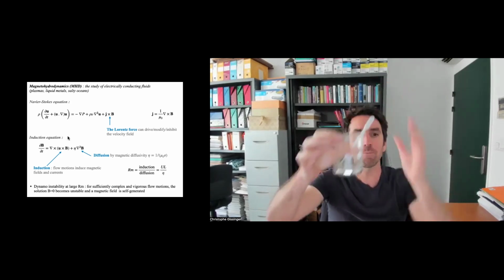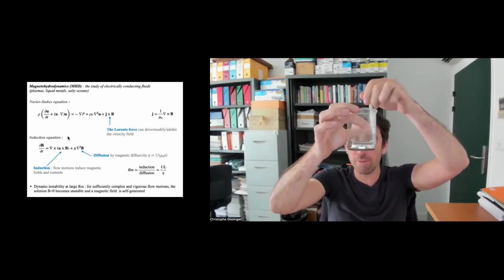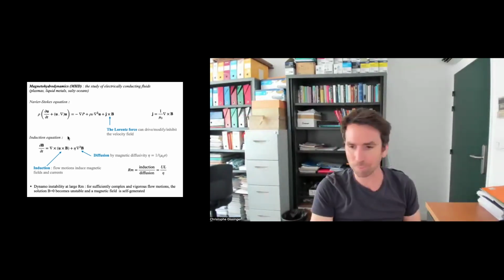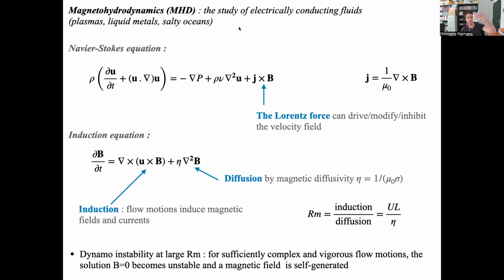But if I was able to rotate that very, very fast, or to increase the size of the system such that the magnetic Reynolds number becomes large enough, then we know that the B equals 0 solution becomes unstable. This is a dynamo instability, and the flow motion will generate a large-scale self-generated magnetic field, the dynamo magnetic field.